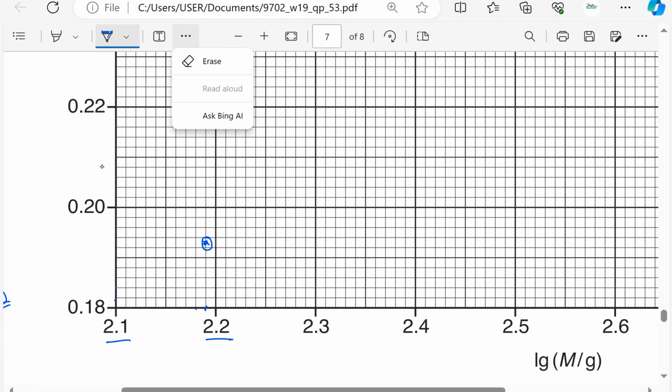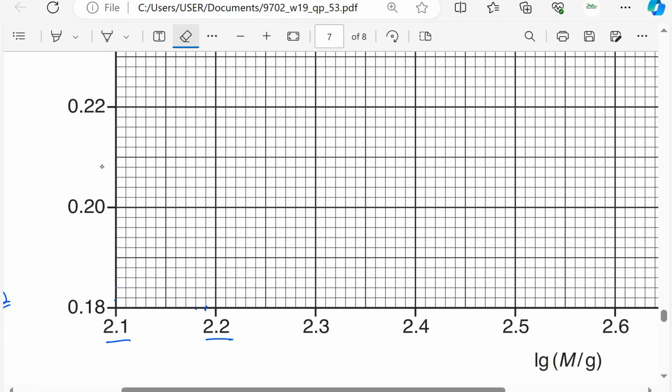Okay, so I think I can now redraw this. So 1, 2, 3, 4, 5, 6.5. So it should be here. And I will draw a small circle around there. So that is approximately the point is in the center.